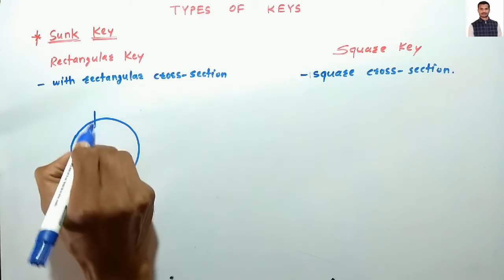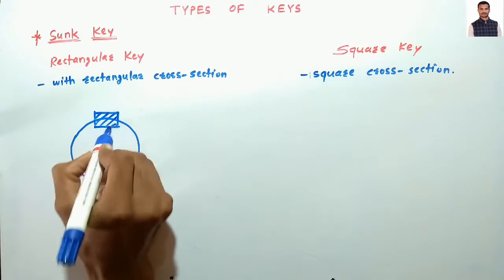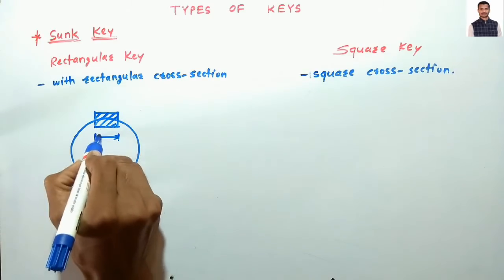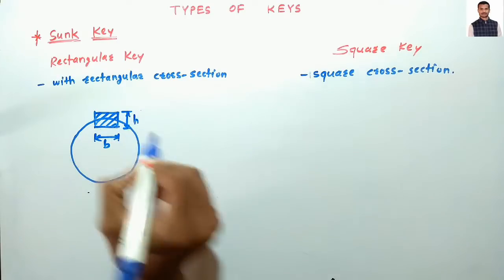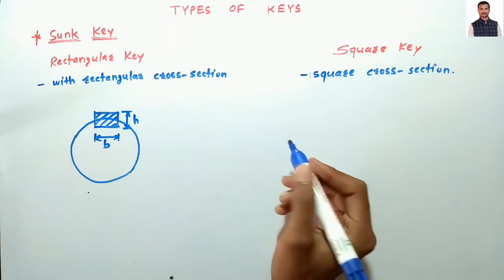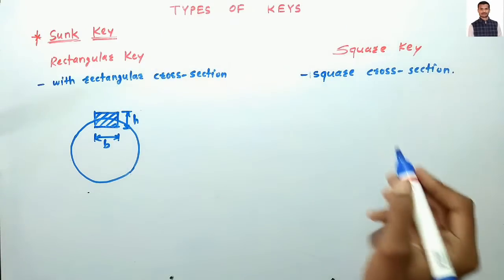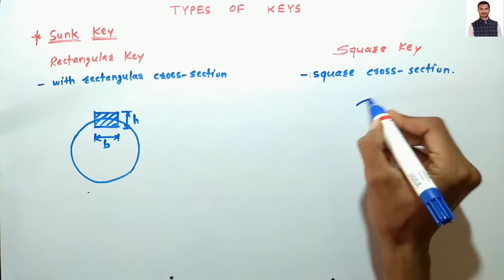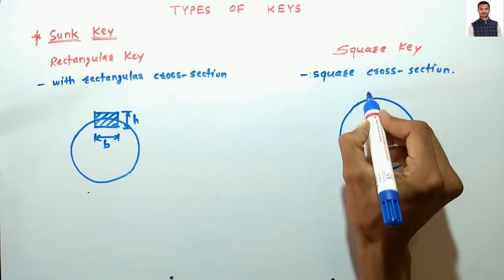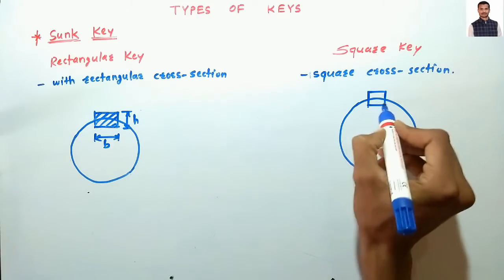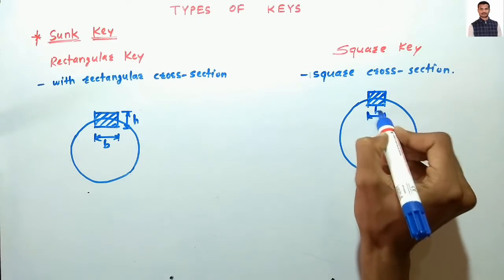If this is the shaft, this is a rectangular key. This is the width of the rectangular key and this is the height of the rectangular key, and the cross section is B into H. Also, on the lateral side, length is there. In a square key, this is how it looks, meaning width and height are the same.